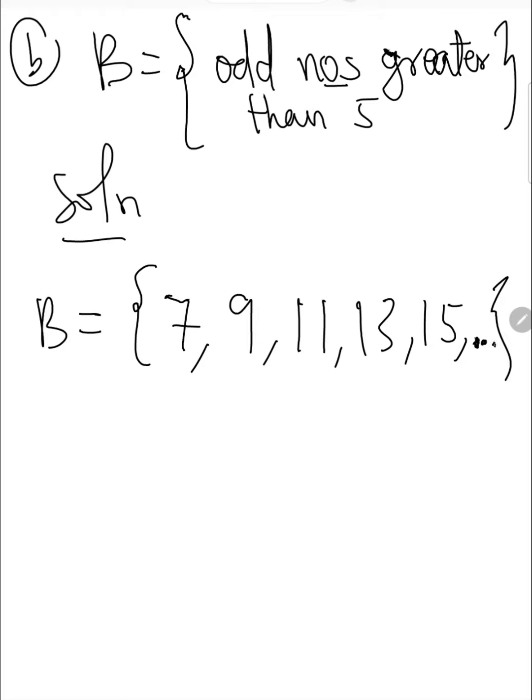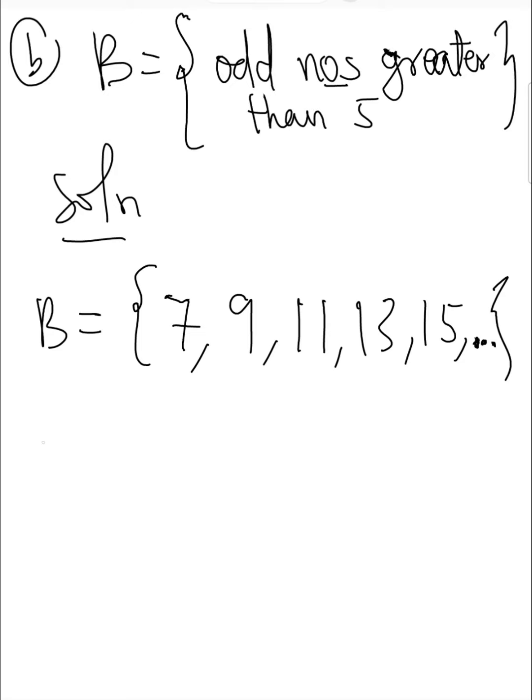So we can bring these 3 dots to show that there are other numbers, because this set is very open. So from 7 to infinity, because we can't list all the elements to infinity, you can just list to some point and bring these 3 dots to show that there are other numbers following.